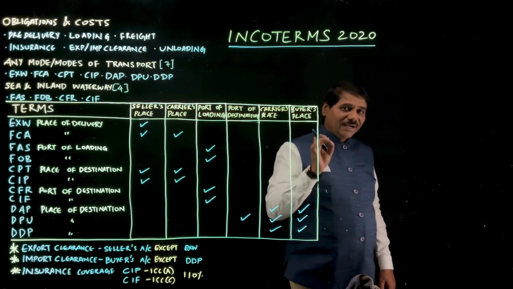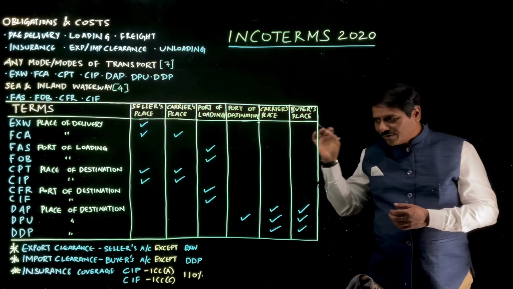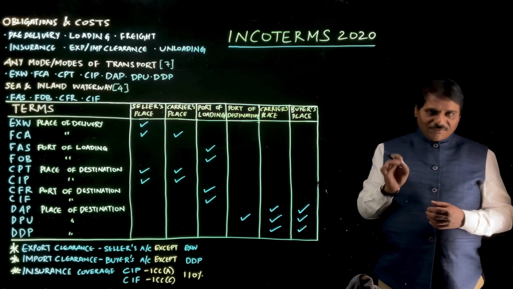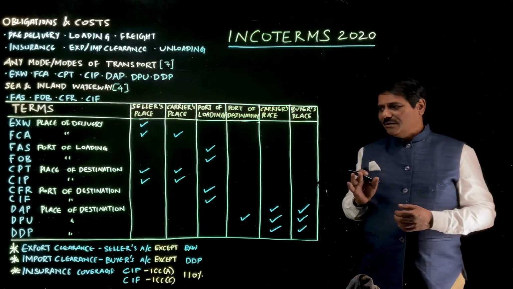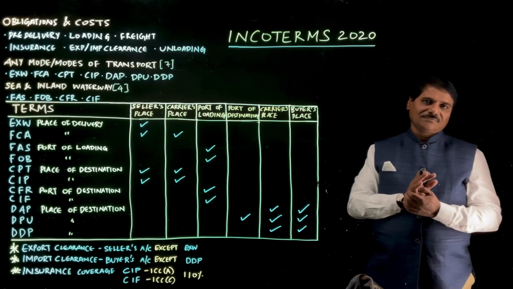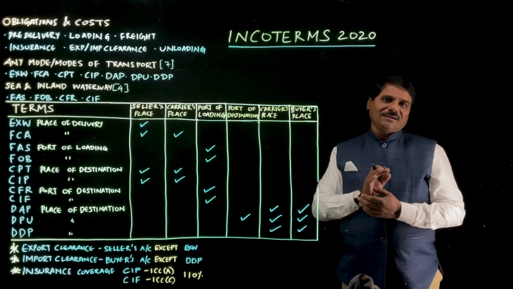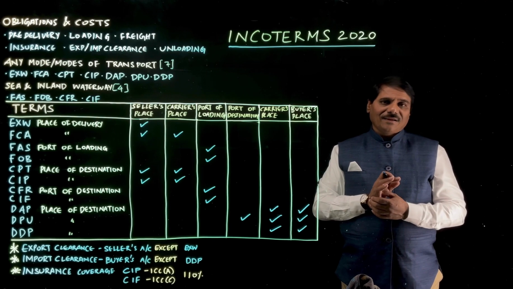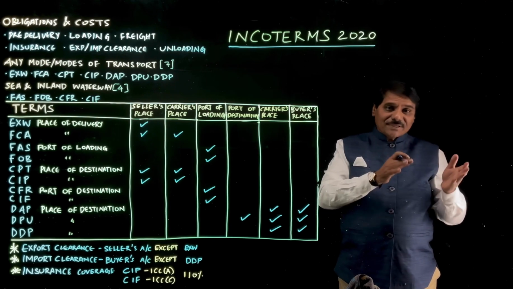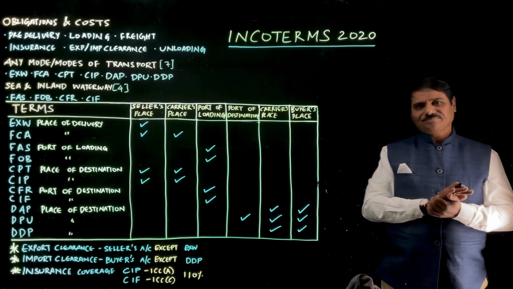Only in case of D terms, delivered at place, delivered at place unloaded, delivered duty paid, for these three, delivery happens in the buyer's country.